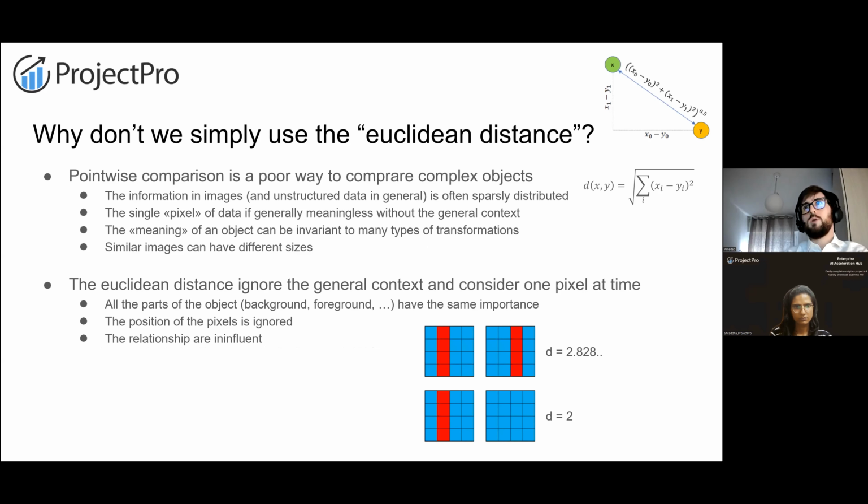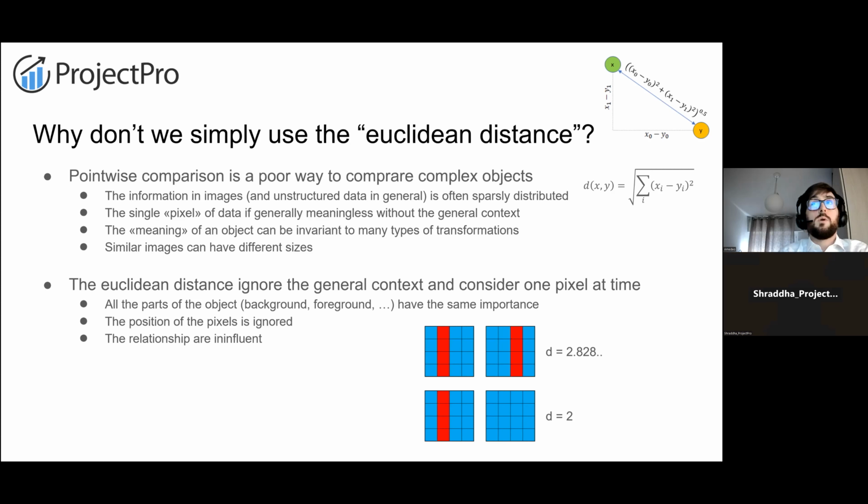Then we can think, well, we can simply use a concept of distance between our objects. Maybe something like the Euclidean distance, which is the simplest geometric idea of distance. We could try using that on our images and objects to get the distance we want.